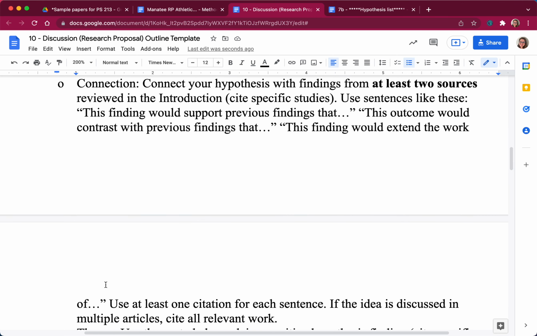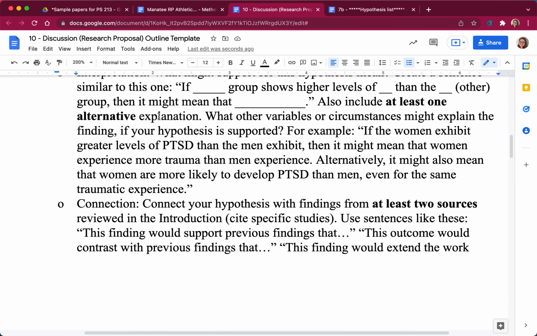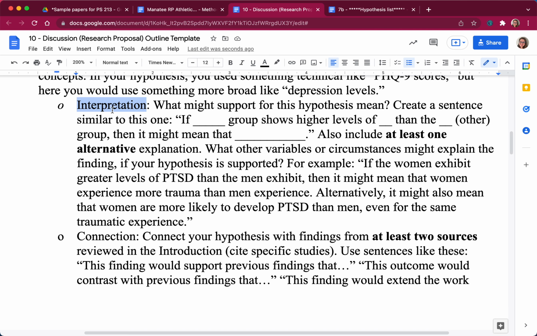The next part, so this first part, I just call it interpretation, just to help us talk about the different pieces. The next part I call connection. So you're going to tie your finding back to previous sources.